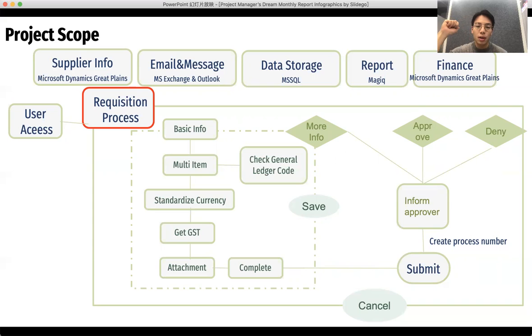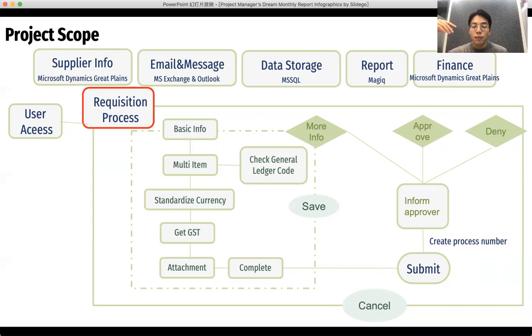And some specific ledger codes may have specific policies on them. After doing that, they have to standardize the currency, transferring all the different foreign exchange into Australian dollars. After they get a final number, the system automatically adds the GST.